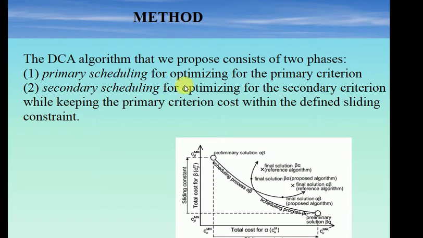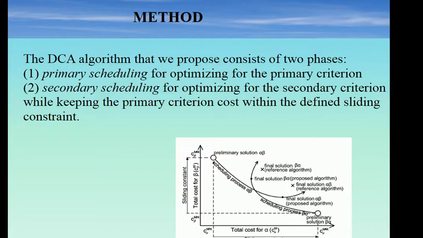The secondary scheduling optimizes the secondary criteria while keeping the primary criterion cost within the defined sliding constraint. So what is the sliding constraint? It represents how much the final solution may differ from the best solution of the primary criterion.